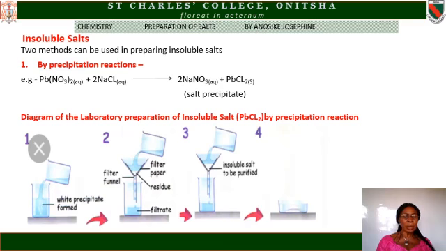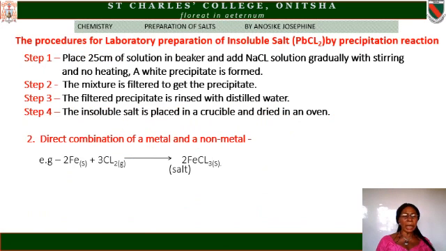As you now look down, you see the procedure, an outline of how you can write the procedures we used in the lab. The first one, you place 25 cm cube of the solution in the beaker and add the sodium chloride solution. You stir and no heating.